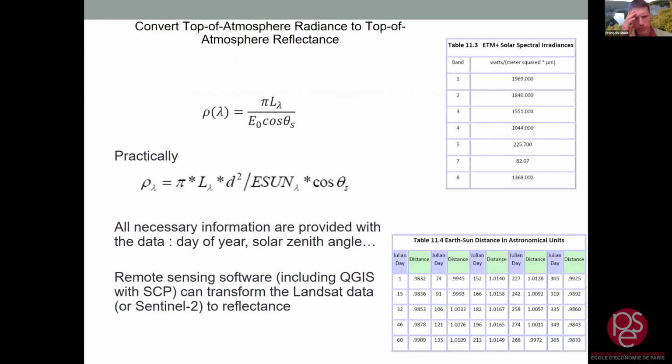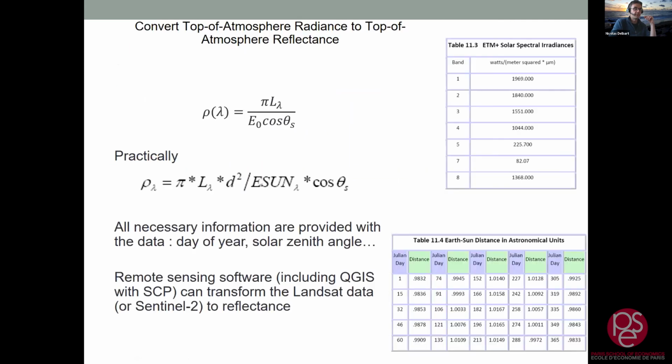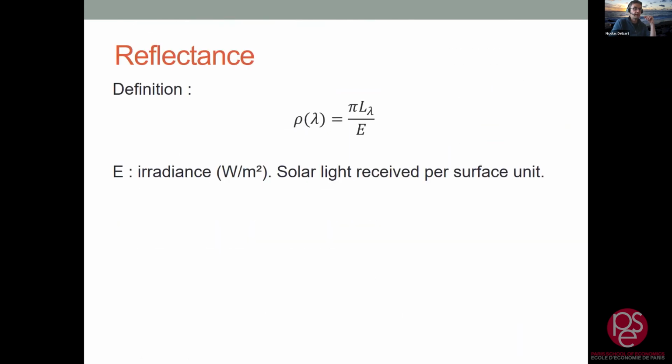But that's something that you don't know. How do you know that? Because the sensor does not measure it; it depends on the clouds, on the time of the day. On the cloud, in the next slide, we don't know.